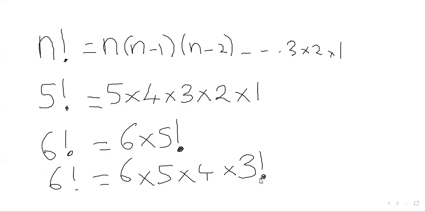So we move to binomial coefficients. For example, if you happen to have n combination r like that, this is read as n choose r. The expansion of this is as follows.